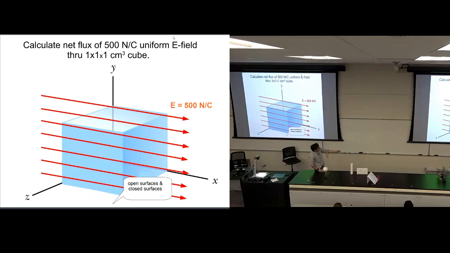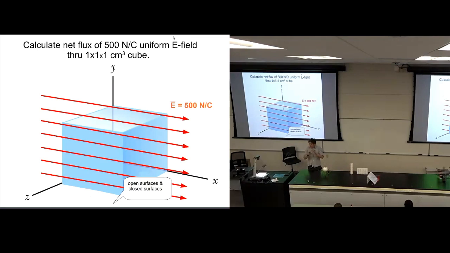The field is sweeping from left to right. It's meant to be in the x direction. There's x, y, and z directions here. So there's a uniform field, 500 newtons per coulomb, streaming from the left to the right in the positive x direction. Immersed in that electrical field is a closed surface.